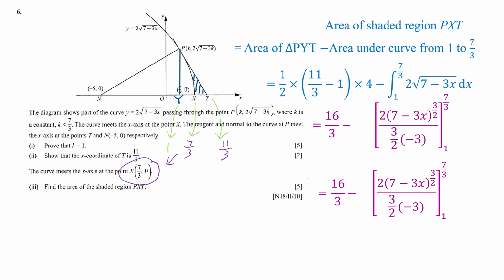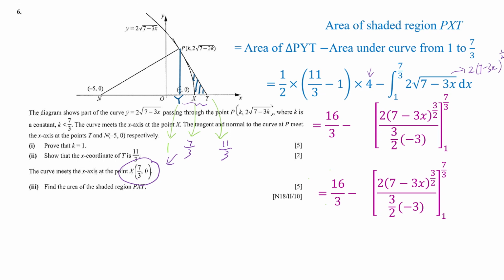So the area of the triangle will be half times base, so it's the difference from 11/3 minus 1, times the height, which is the y coordinate of point P, found earlier to be 4. And of course, for the area under the curve, we need to integrate from 1 to 7/3 of the square root of 7 minus 3x. You can write it as (7 minus 3x) to the power half.